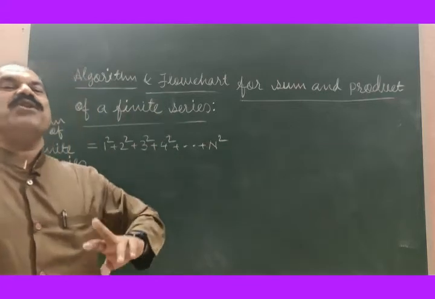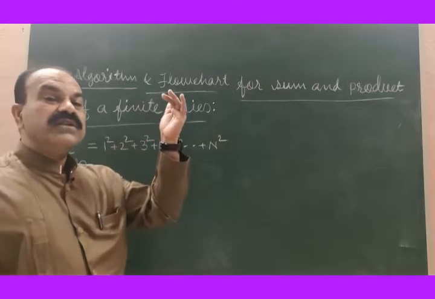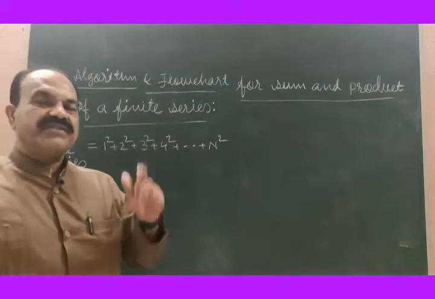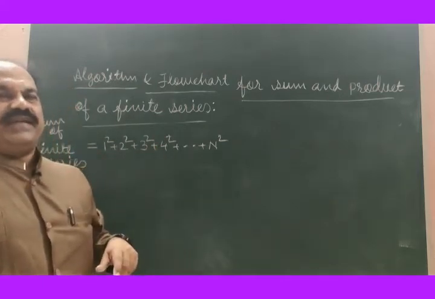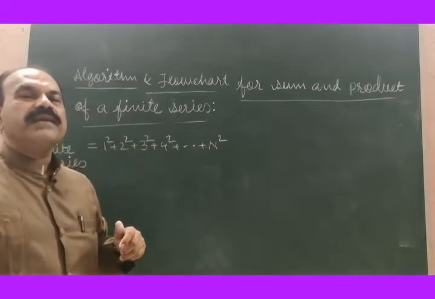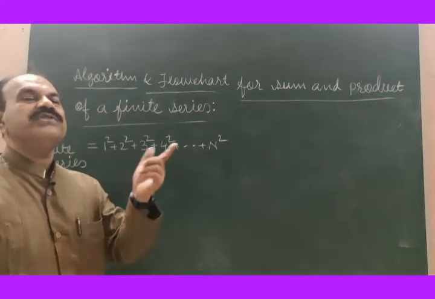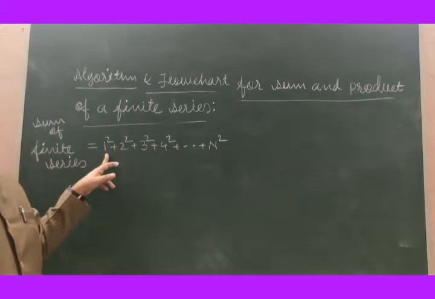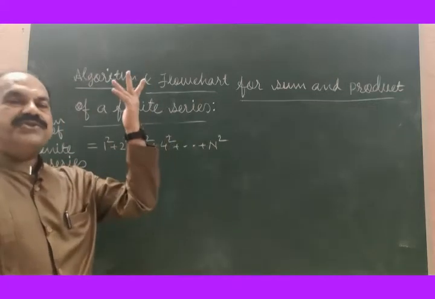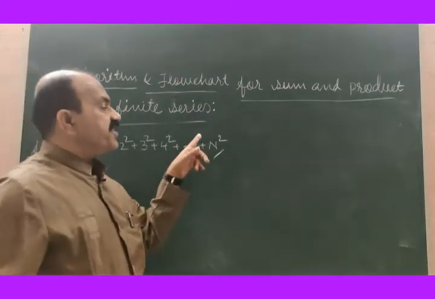This is a series of squares of integers, and we are going to find the sum of the series 1 square plus 2 square plus 3 square plus 4 square and so on up to a certain finite integer, n square.